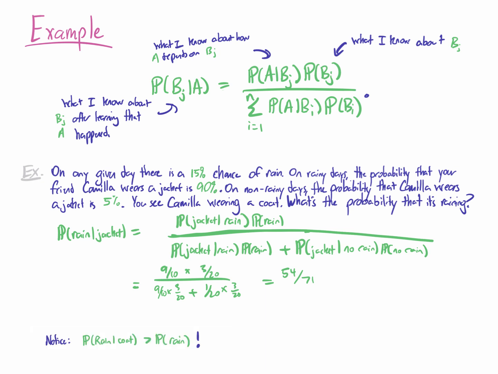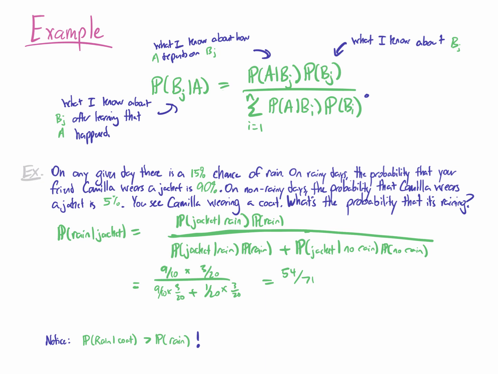It makes us think that it's more likely that it's raining if we see Camilla wearing a jacket. So we started not knowing if it's raining, and we say, hey, it's rainy 15% of the time, so probably it's not raining is my guess. But if we see Camilla wearing a jacket, suddenly our belief that it's raining should become much, much higher. Our belief that it's raining should now be more than half.